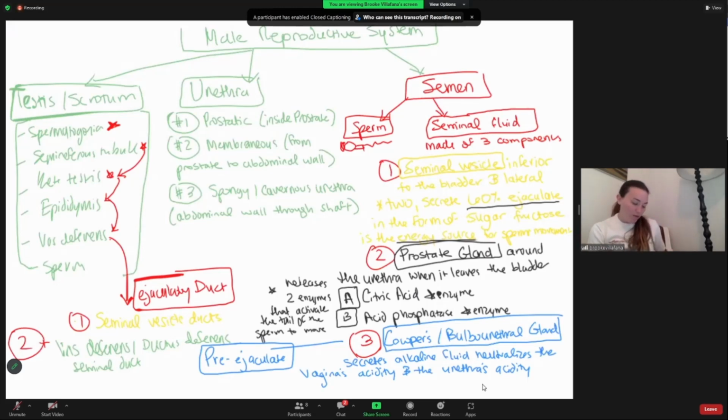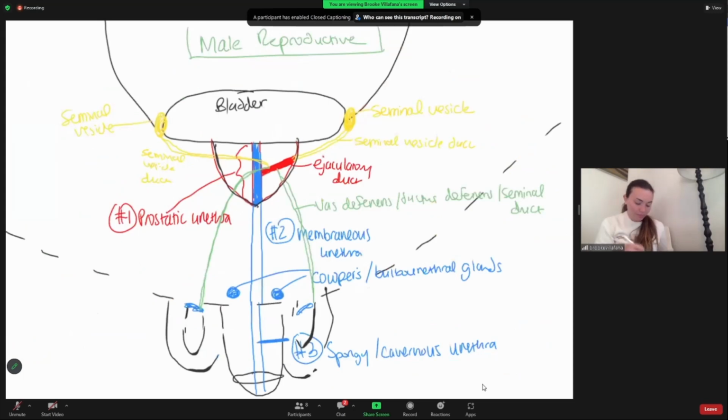So if your wheels are turning and you're thinking, okay, we know that the semen is made of sperm, and sperm is sent via the vas deferens, right? So there's my sperm and my seminal vesicle duct fluid going into that ejaculatory duct. What about the prostate and Cowper's? Let's go back here.